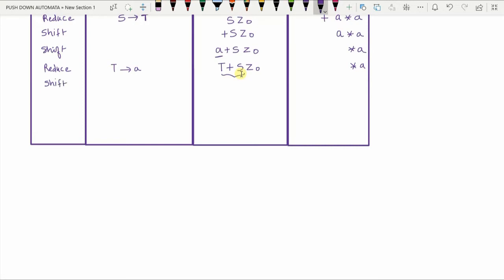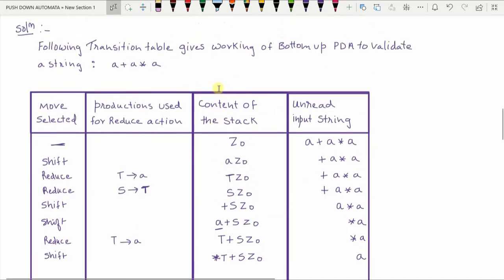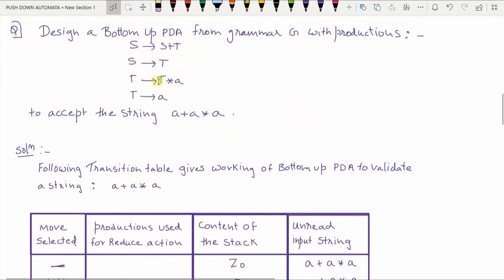I will use a shift action and I will shift into onto the stack. Once into is shifted onto the stack, what remains is a single A. Again, if you check the string S plus T into, as you read from bottom to top, none of the substrings are on the right hand side of these productions.